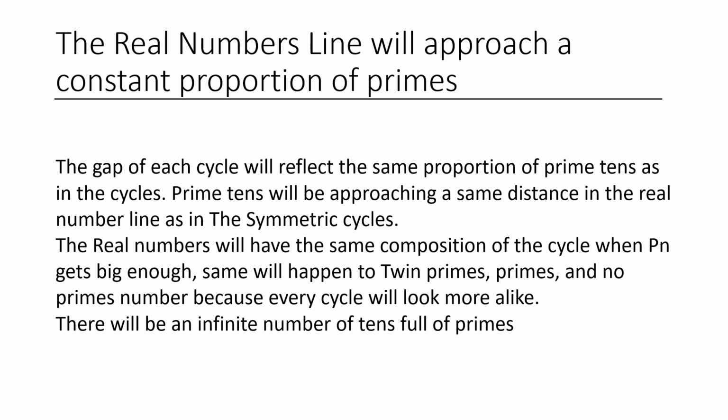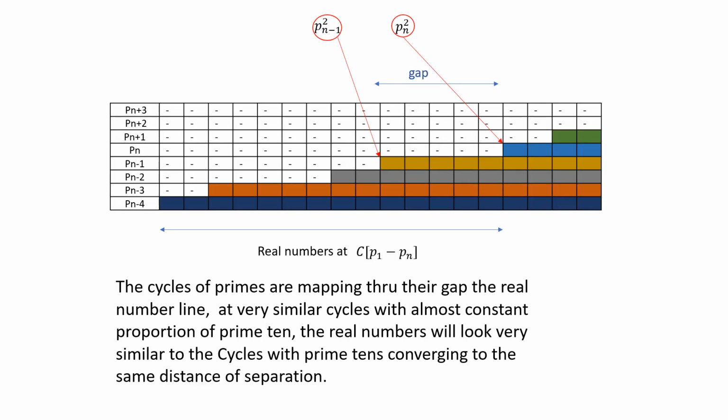There will be an infinite number of tens full of primes. The cycle of primes are mapping the real number line through their gap. With very similar cycles with almost constant proportion of prime tens, the real numbers will look very similar to the cycles, with prime tens converging to the same distance of separation.